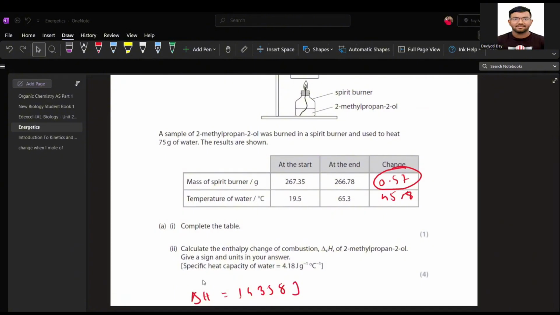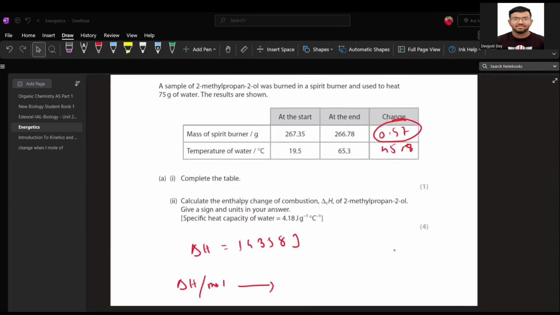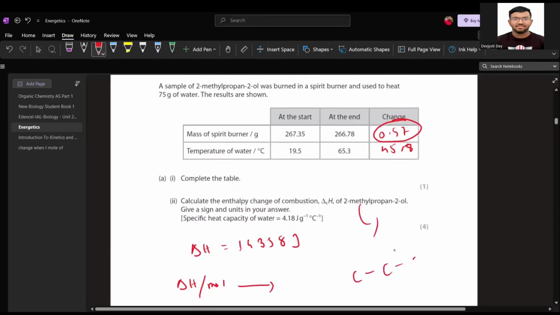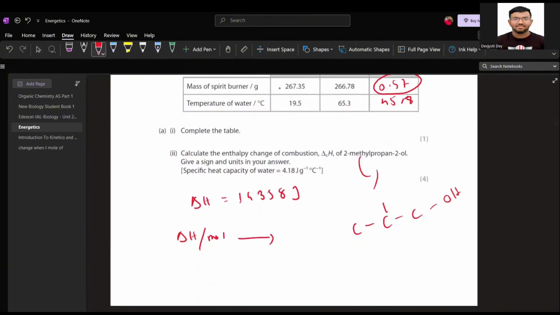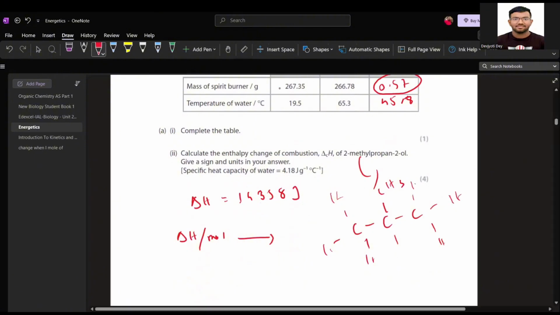Now, what do we know about the molar mass of 2-methyl propan-2-ol? It's better to draw the displayed formula. It's much easier to calculate the molar mass. I think I made a mistake. That's OH for Q. So that's our 2-methyl propan-2-ol, right?